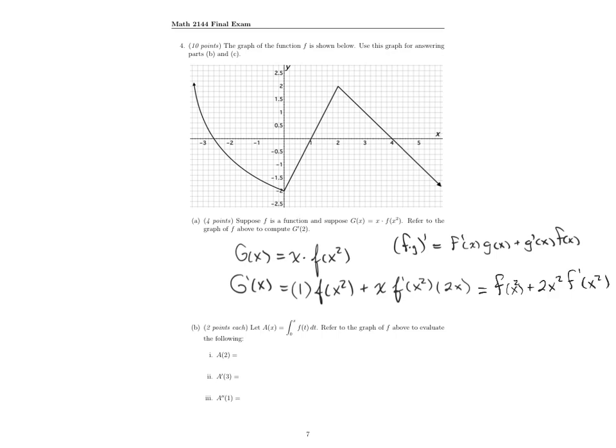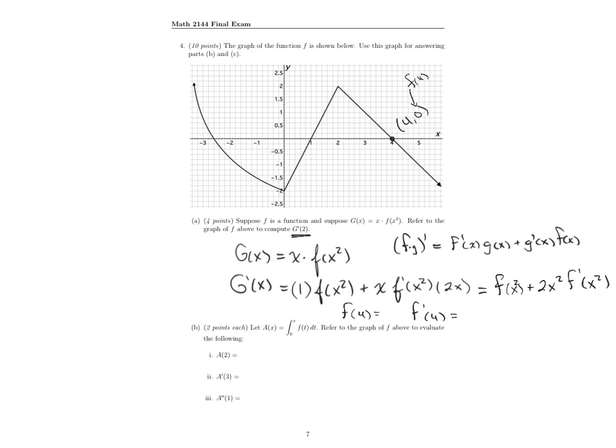In order to evaluate this, we need to know what f of 4 is and what f prime of 4 is when we plug in our g prime of 2. So we come up to our graph and we mark out at x equal to 4. We have the point for 0, so that will be our f of 4. And we look at the slope of the line because we're looking for the derivative.